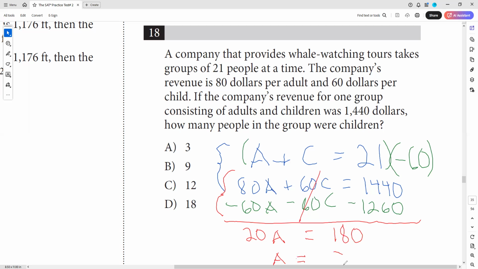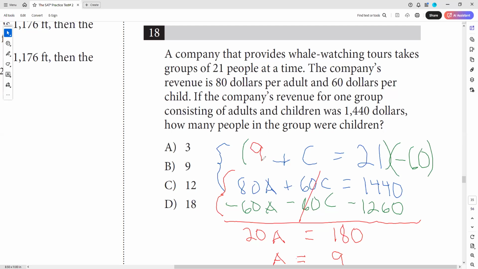All right. So the question is, how many people in the group are children? So we found the adults. That's going to be 9, right? So A is going to be equal to 9. So let me erase this A to substitute immediately.